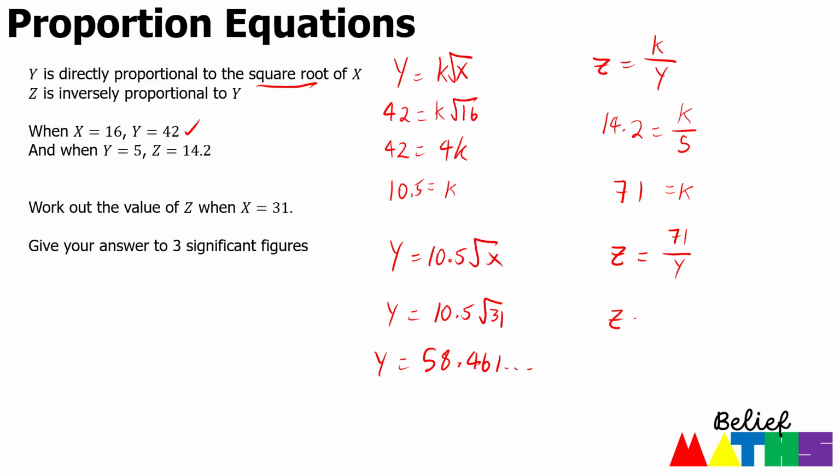So z is equal to 71 over 58.461, etc. Because of that ellipsis, it just means we haven't rounded that value. What we're actually going to put into our calculator is 71 over answer. We've kept that answer stored in there to make it a little bit easier for ourselves. So we write 71 over our answer, and we get 1.214, etc. Or to 3 significant figures, 1.21 as our final answer.